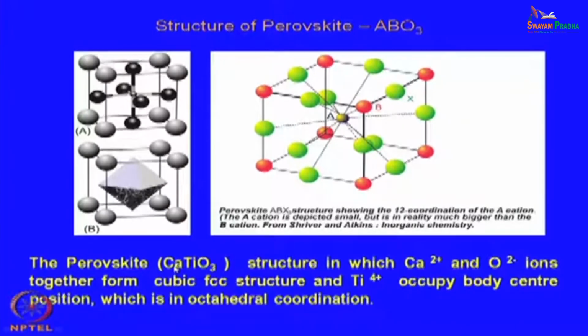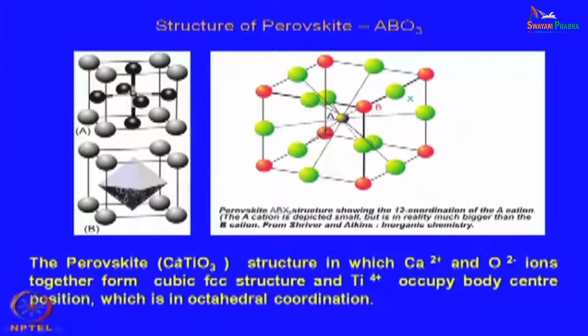Later on we will see that. So, we must understand how we describe the atomic arrangement in these kinds of compounds. In calcium titanate, A is calcium, and the general formula covers this whole group of titanates, stannates and so on.